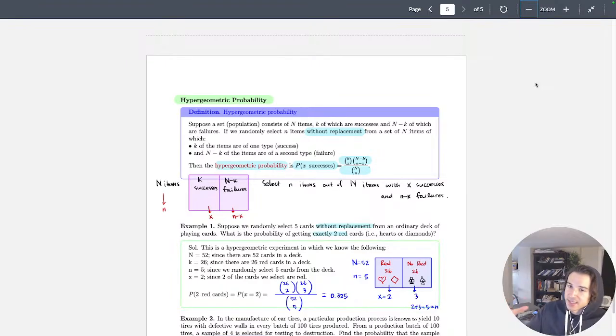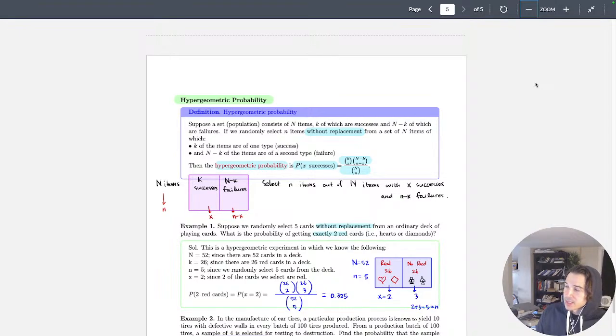I'm just going to repeat this again to really let it sink in. This is the definition of hypergeometric probability. Suppose a population consists of big N items, K of which are successes, and big N minus K of which are failures.